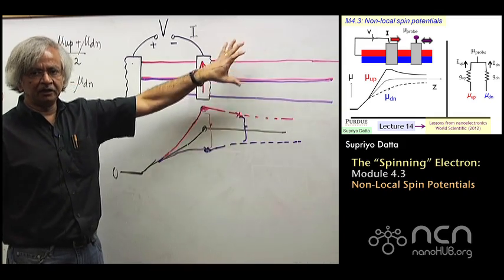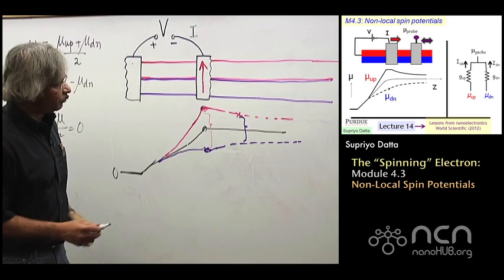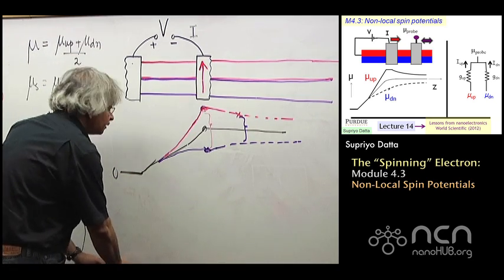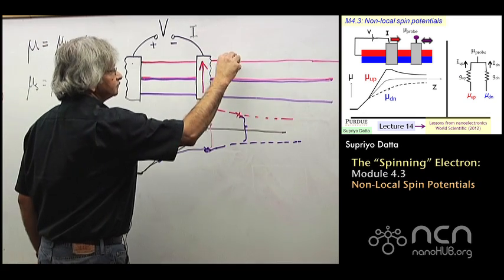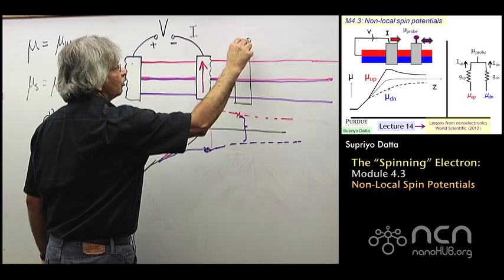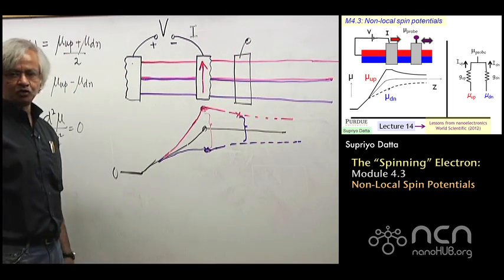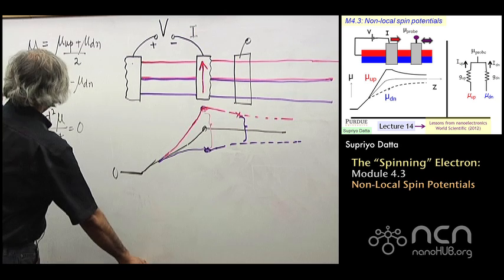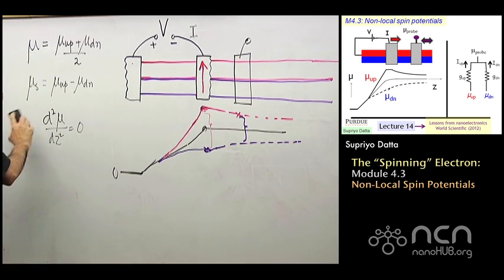And so they call it a non-local measurement. The way you do it is you put another magnet here, and you measure the voltage that that magnet floats to. And what we'll show is the following.